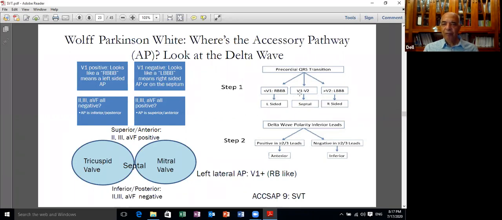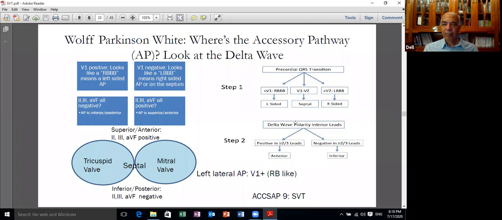If it moves from negative to positive between V1 and V2, it's located in the center. So looking at V1 will let you categorize the patient on the left side if it's right bundle branch block pattern, on the right side if it is left bundle branch block pattern, or if it jumps from V1 negative to V2 positive, then it is center.